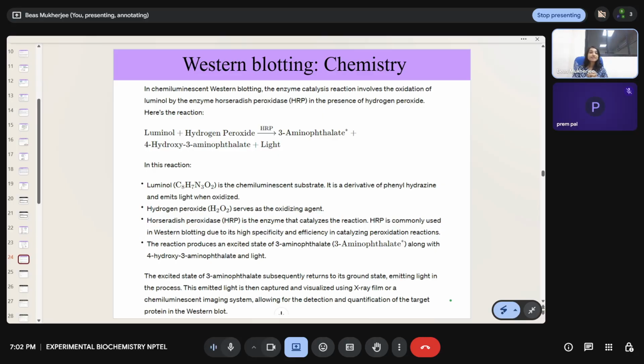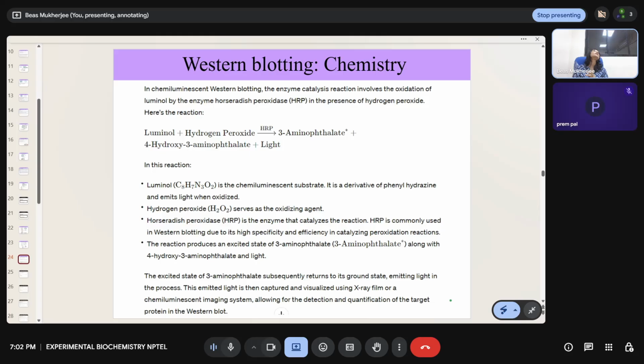So the excited state, so this star is given, so that means this 3-amino phthalate is in its excited state, right, not in the ground state. So in the excited state, it is subsequently returning to its ground state. So that means the energy is getting released and the electron is coming back to the ground state, emitting light in the process.